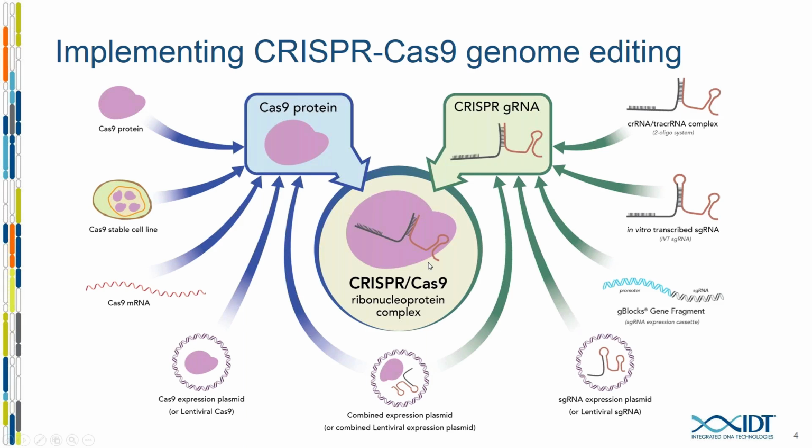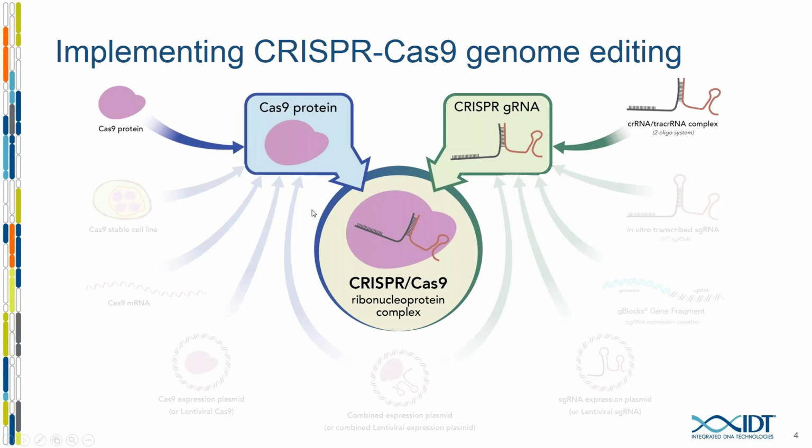There are advantages and disadvantages to all of them, but to really narrow this down and simplify the process, we feel very confident that the best way to deliver CRISPR reagents is just to work with the closest to finished products as you can. So that means delivering the functional Cas9 protein along with a functional and ready-to-use guide RNA.